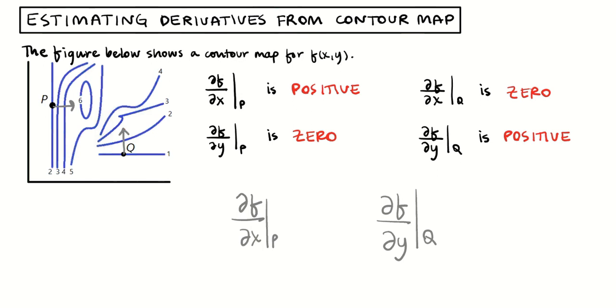When I went to the right from P, f pretty quickly increased from 2 to 3 to 4. Whereas when I'm increasing the y coordinate from point Q, f is going from 1 to 2, but it takes a while, and then it's going to eventually go to 3, but it's going to take even longer. And so I'm going to say that f is changing faster as you move right from point P than it is as you move up from point Q. So I'm going to say that inequality is going to be true.